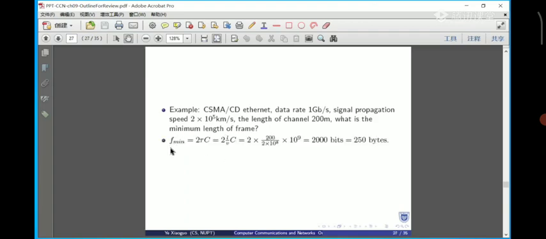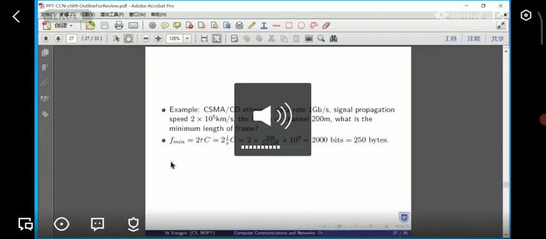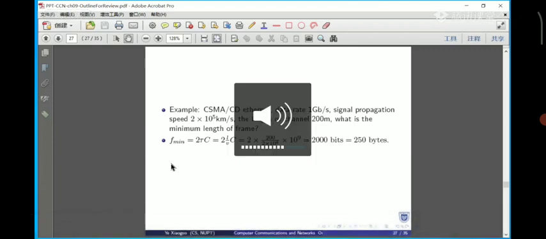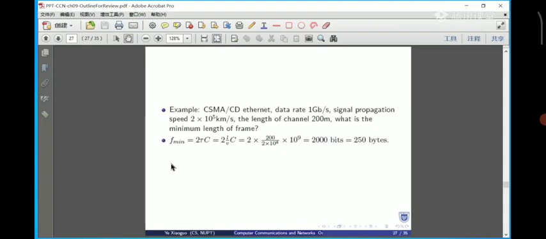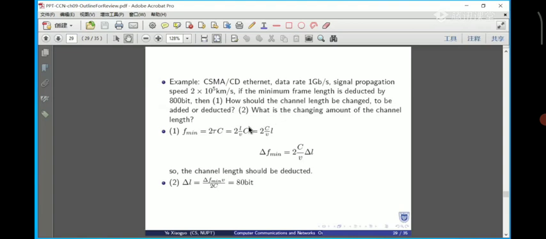The minimum length of a frame is the contention period, or the maximum collision detection time, 2 times tau times C. Then we get the minimum length of frame. Here, capital C is the data rate. And we will illustrate some kind of questions.